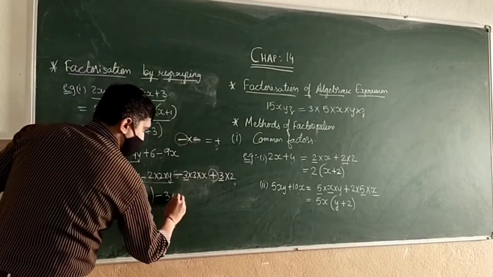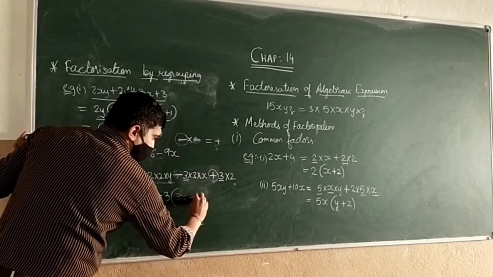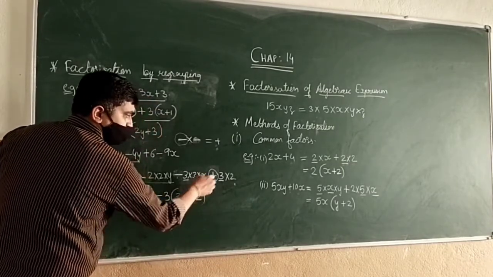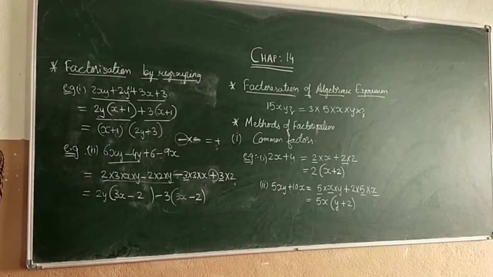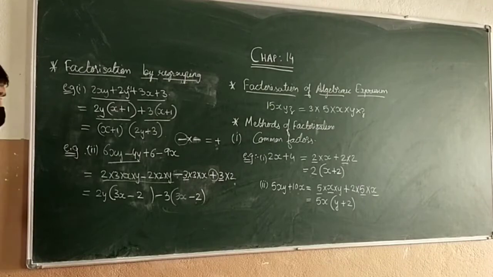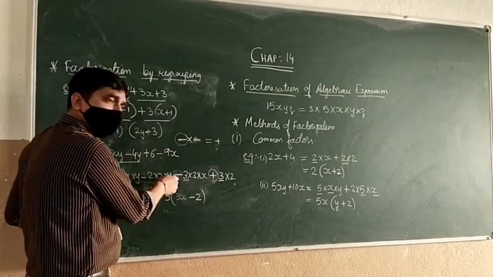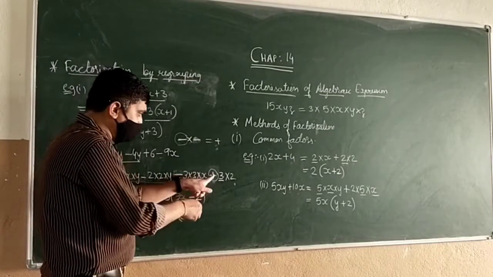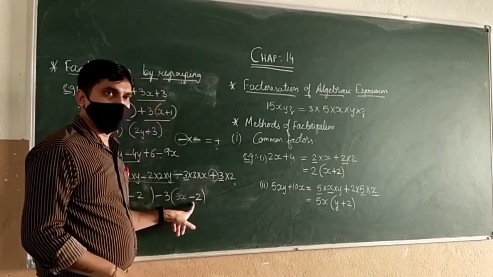Understood? So what will you be left with? 3x minus 2. Instead of plus, what will you write? Minus 2. Understood or not? In short, whenever you are taking out one minus and inside there is a plus, you will definitely put a minus.